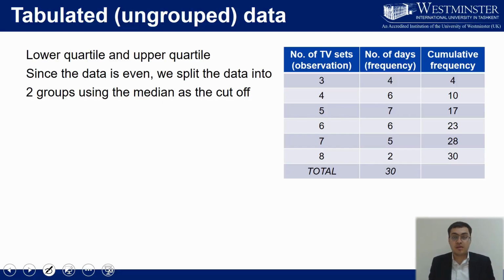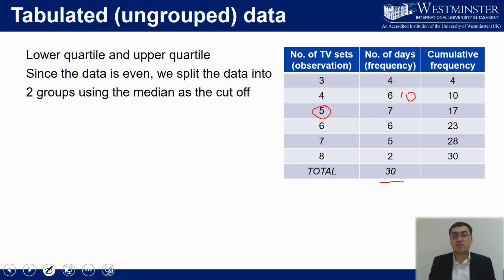Now, if you remember, the median was the number 5, so we're going to have to split it from this number. And basically, since we have 30 observations, we're going to have to split it up into groups of 15 days, right? So if you notice that 4 plus 6 is 10, but plus 7 is 17, that's more than 15.